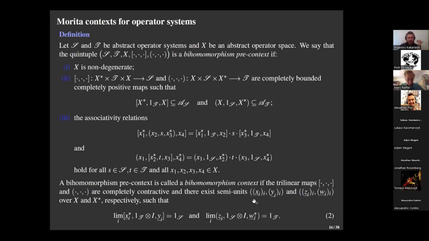What these do is that there are columns so that the trilinear map on this element gives you back the identity in the limit. Again, if you have a non-degenerate operator space X and these trilinear maps are multiplications in some concrete environment, all these things happen automatically.